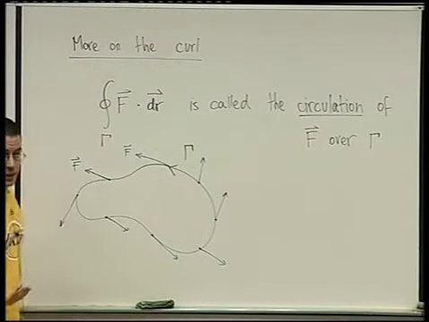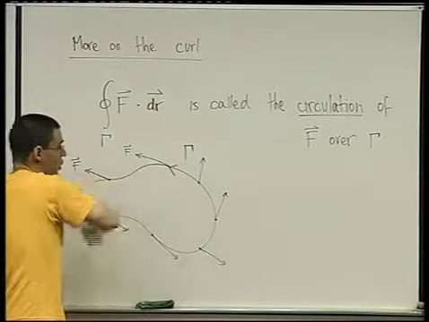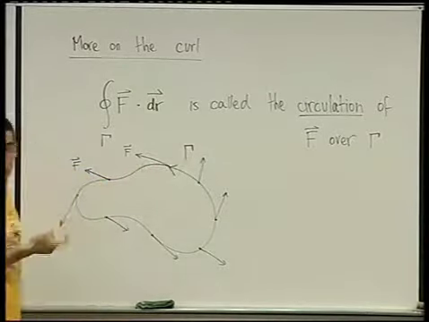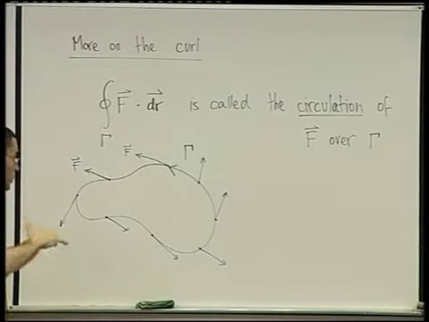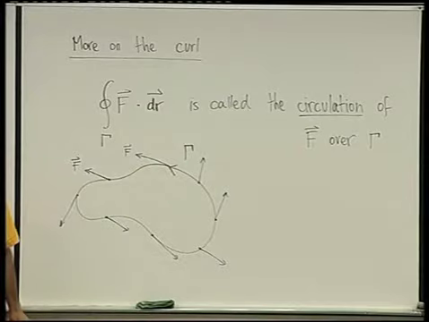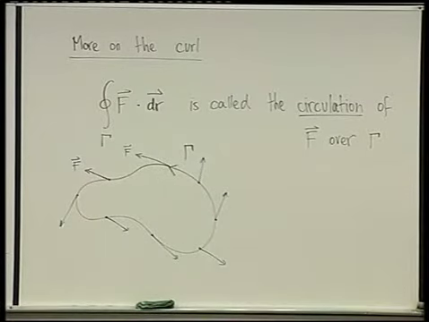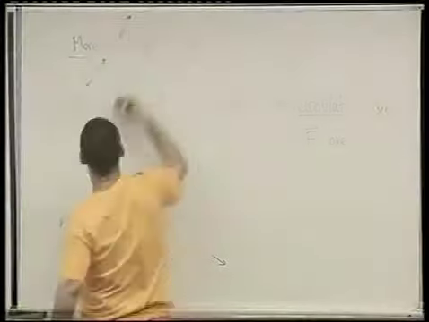What would a field that has circulation over closed loops look like, in contrast to a field where closed loops have no circulation? So here are some examples. Suppose you're in a field whose arrows look like this.